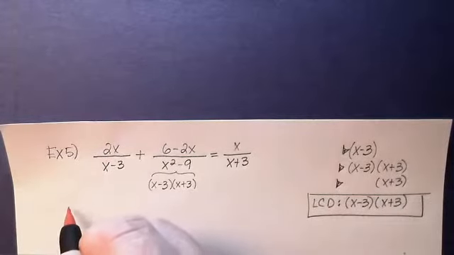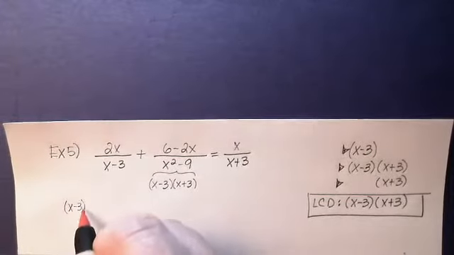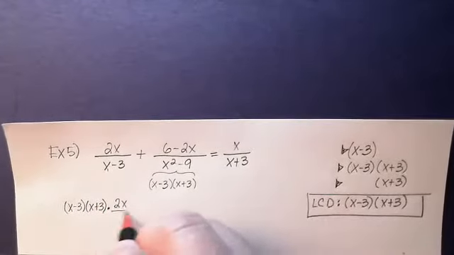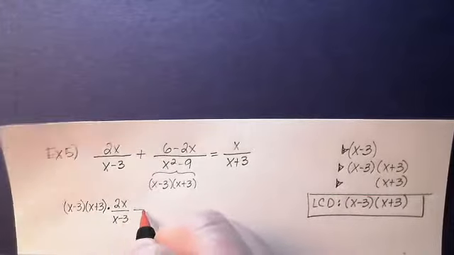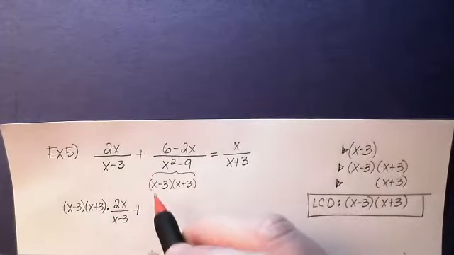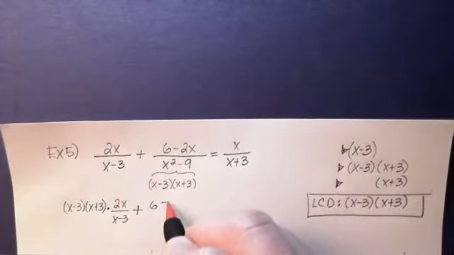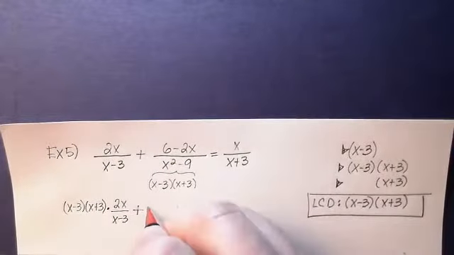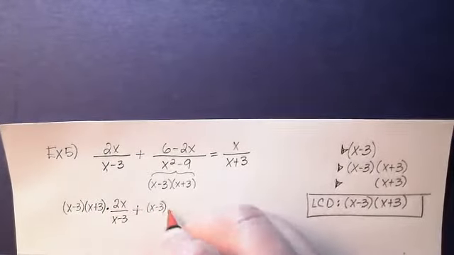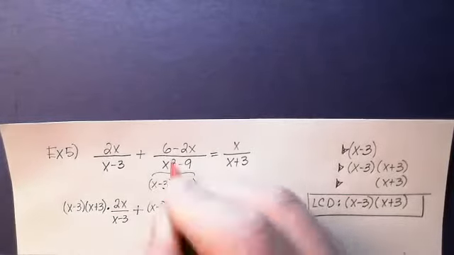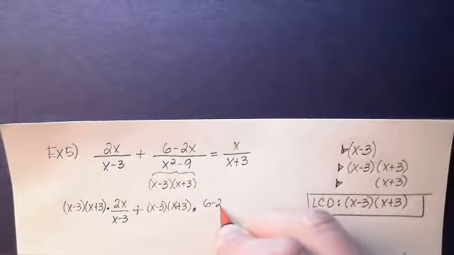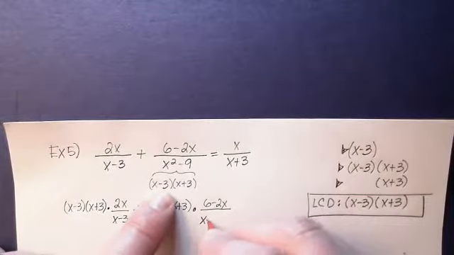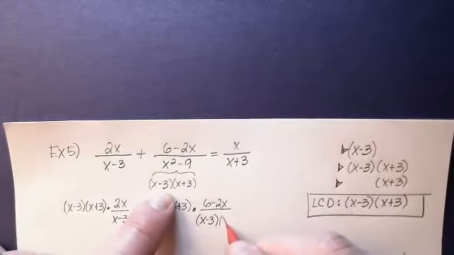So let's go ahead and do x minus 3, x plus 3 times our first fraction here, which is 2x over x minus 3, plus the fraction 6 minus 2x over x minus 3, x plus 3, copying the factored form.